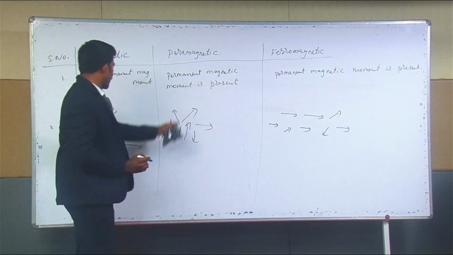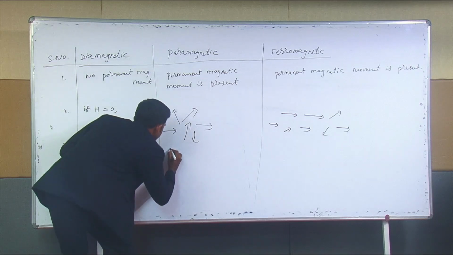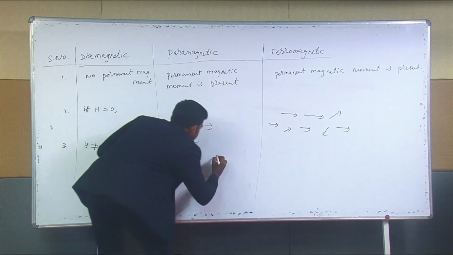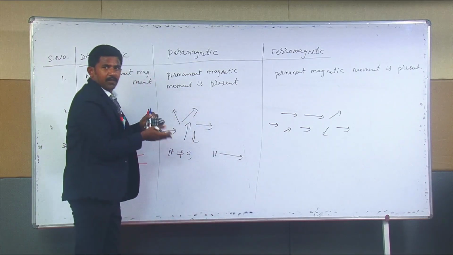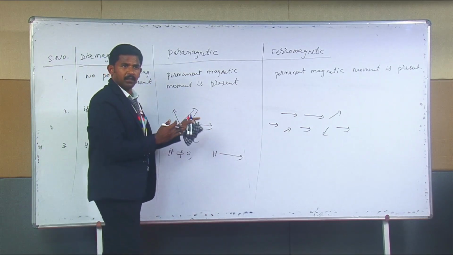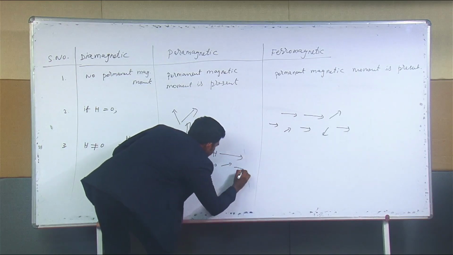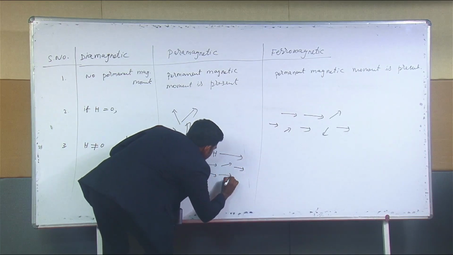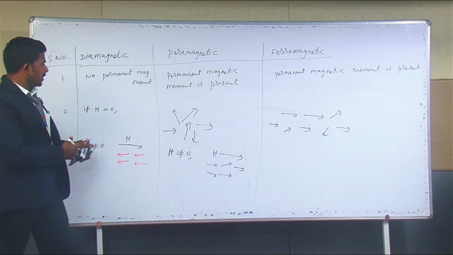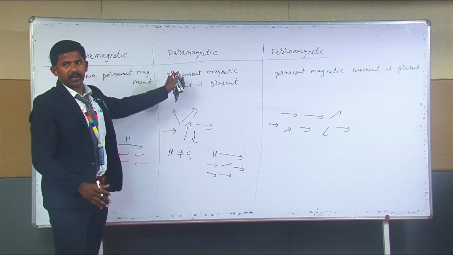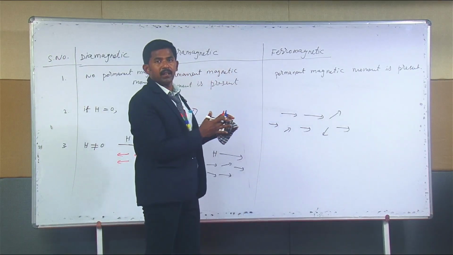If we consider the paramagnetic, H not equal to 0, if this is the applied magnetic field, it is aligning towards the external magnetic field. Something like this. If you remove the external magnetic field, obviously it goes back to random orientation in the case of paramagnetic. Whereas in the case of ferromagnetic, it is strongly aligned.